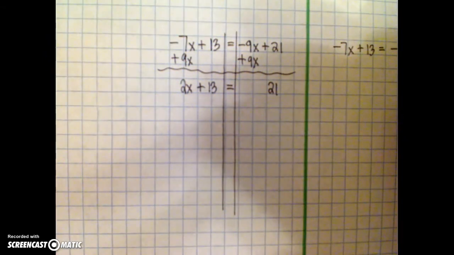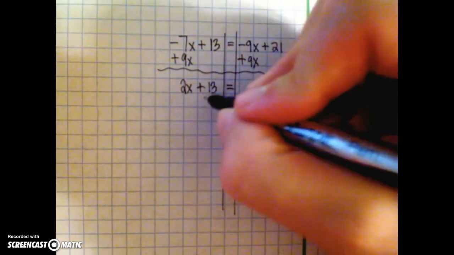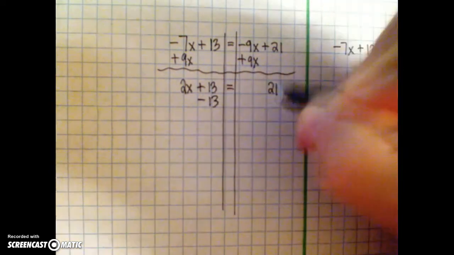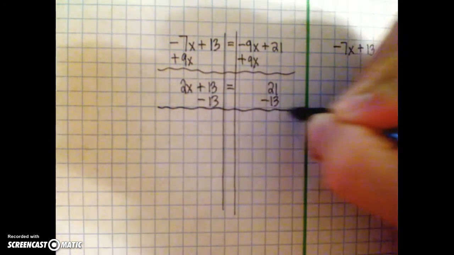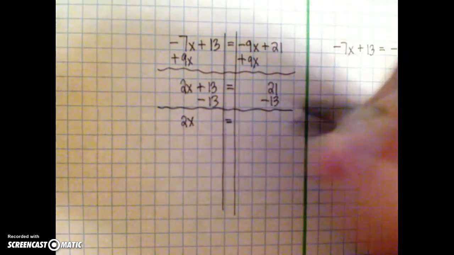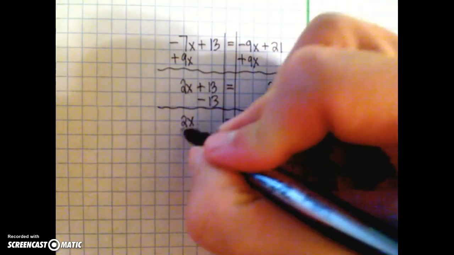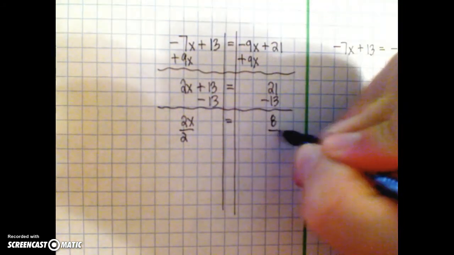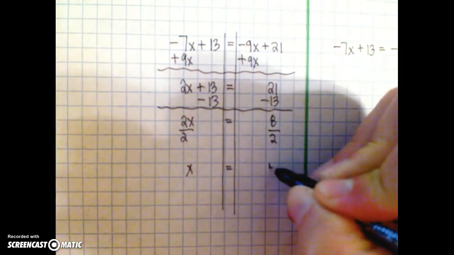You'll notice this is just a standard two-step equation now, so you can take away 13 from both sides, and you'll get 2x equals 8. Divide both sides by 2. And you'll determine that the mystery number is 4.